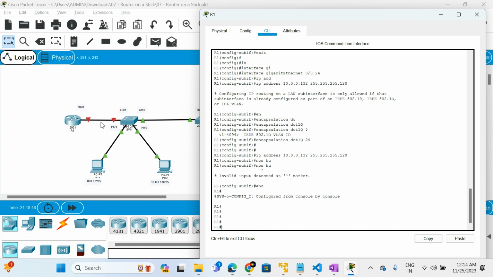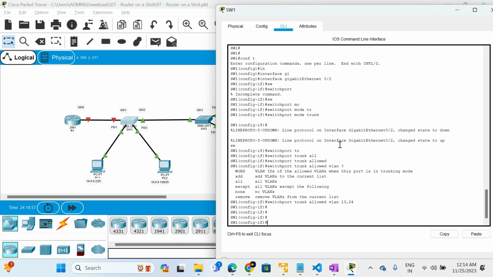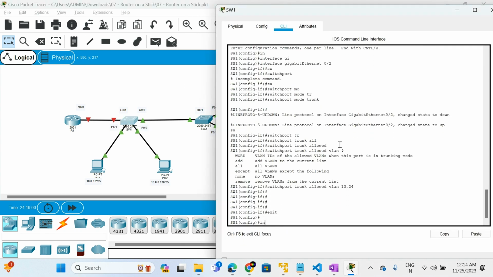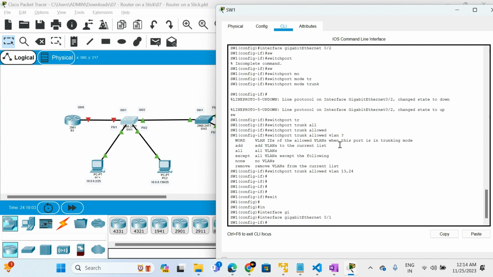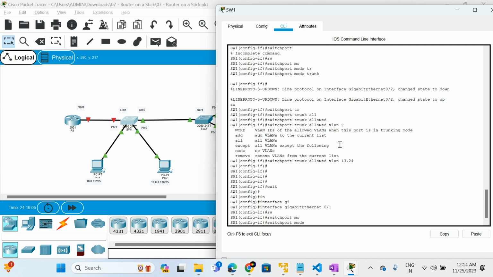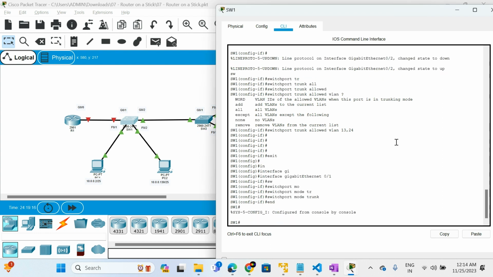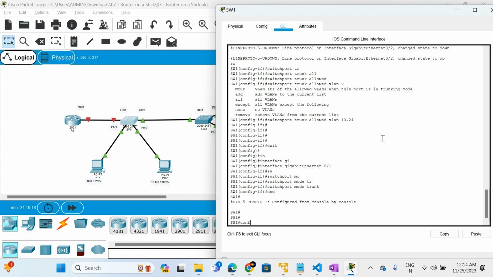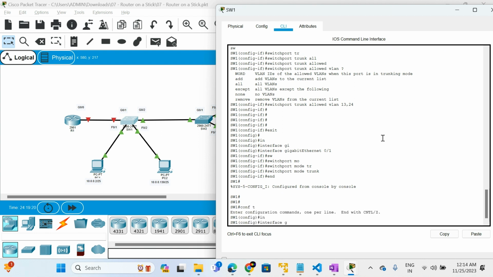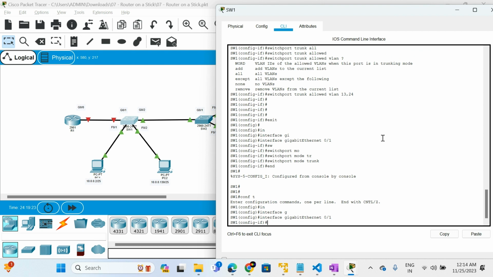Since I have enabled encapsulation dot1Q with the VLANs, it should be tagged traffic. So I need to put that switch interface in switchport mode trunk, so that it sends tagged traffic and the connected neighbors can understand.